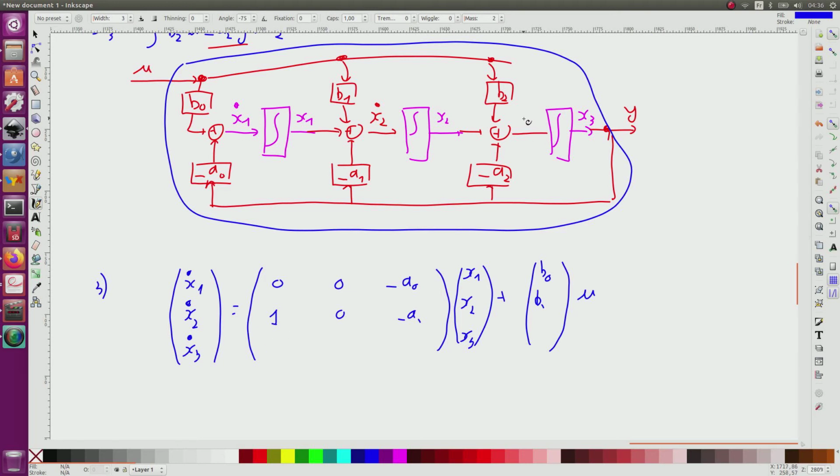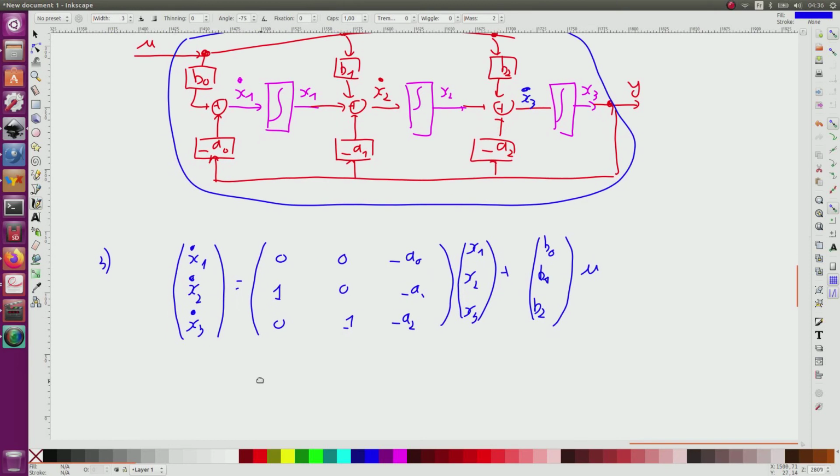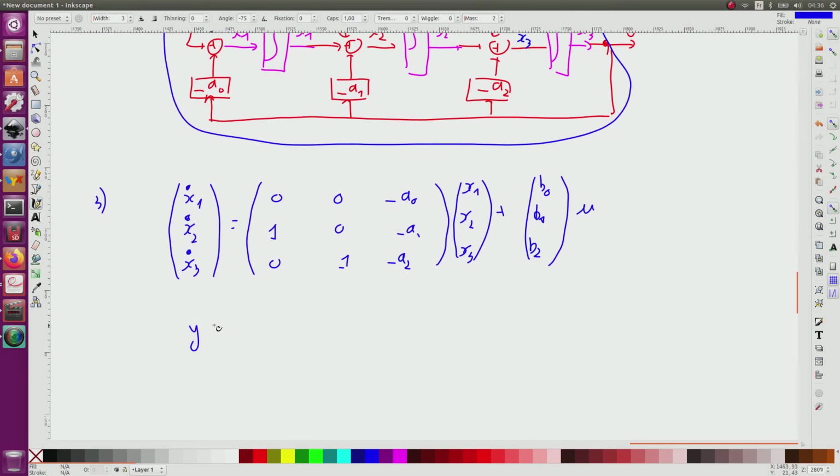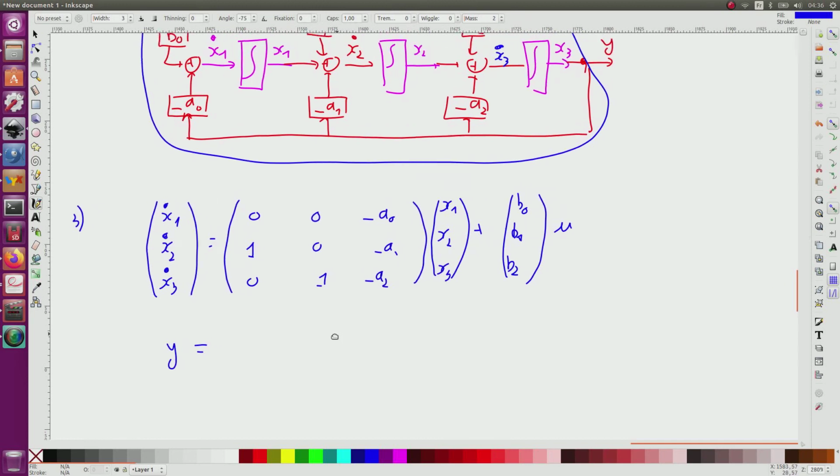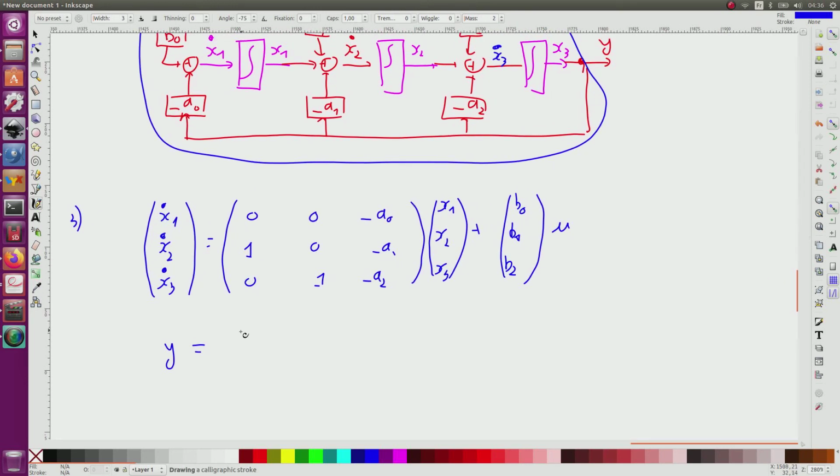For the last one, x dot 3, I obtain b2 u and 0, 1, minus a2 due to this. And for the last, y equals x3, so I will have 0, 0, 1 times x1, x2, x3.